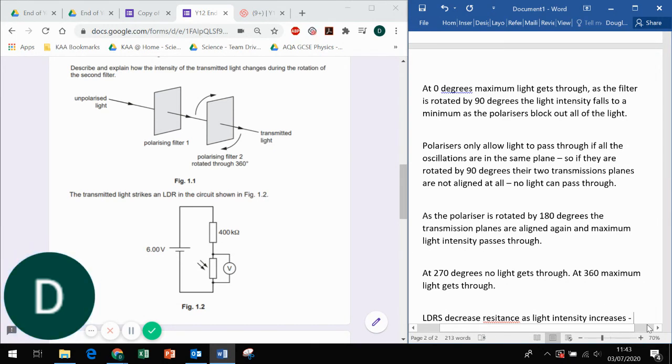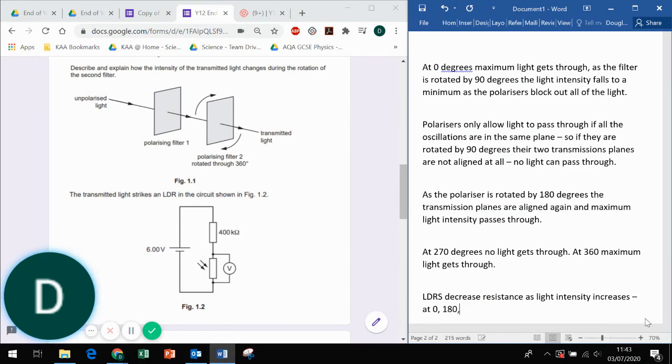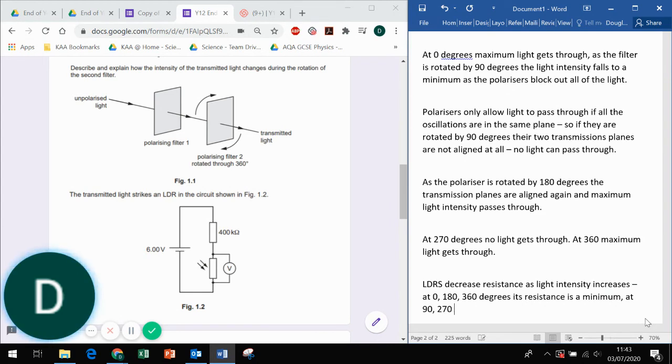So at 0, 180, 360 degrees, its resistance is a minimum. At 90 and 270, R is a maximum.